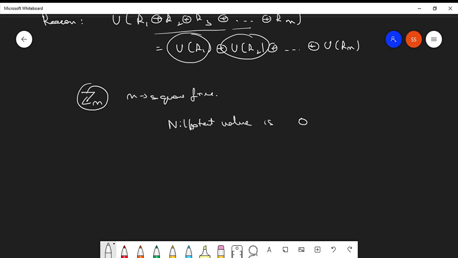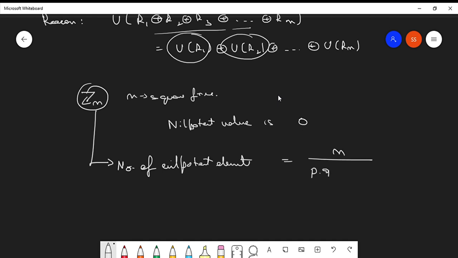What is the number of nilpotent elements Zn has? We get it by n divided by p times q times r and so on, where n is p^a times q^b times r^c and so on. Here p, q, r are the prime factors, so n is divided by the product of the prime factors raised to the power 1. That will give you the number of nilpotent elements.